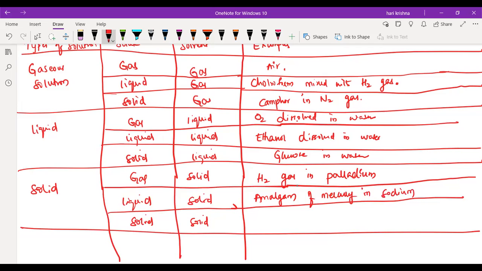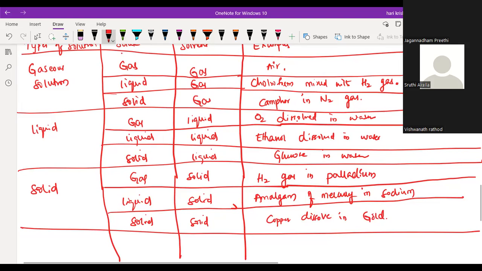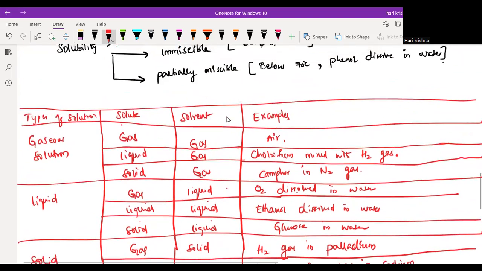Then what is the solid in solid example? Like alloys. Copper dissolved in gold. Or you can take any alloys as an example for solid in solid solutions. So these are the 9 different types of solutions in total.